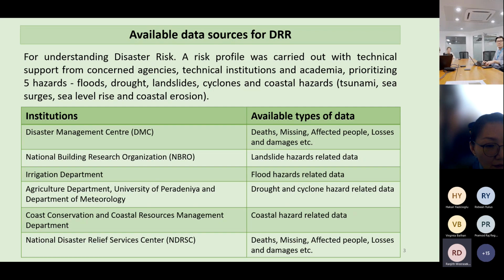The Agriculture Department, University of Peradeniya, and Department of Meteorology collect drought and cyclone hazard related data. The Coast Conservation and Coastal Resource Management Department collect coastal hazard and related data. The National Disaster Relief Service Center, NDRSC, also collects death, missing, affected, and loss and damage data for compensations.